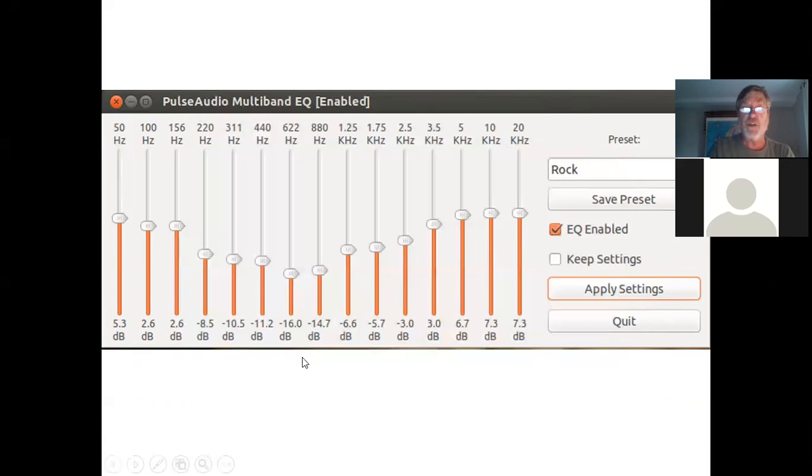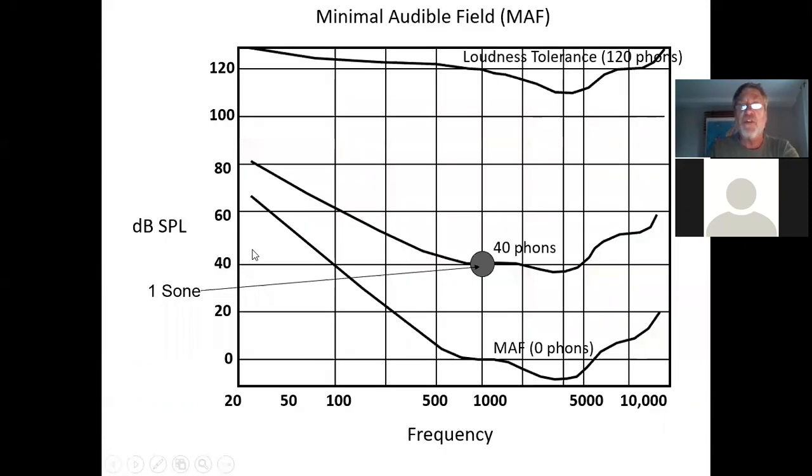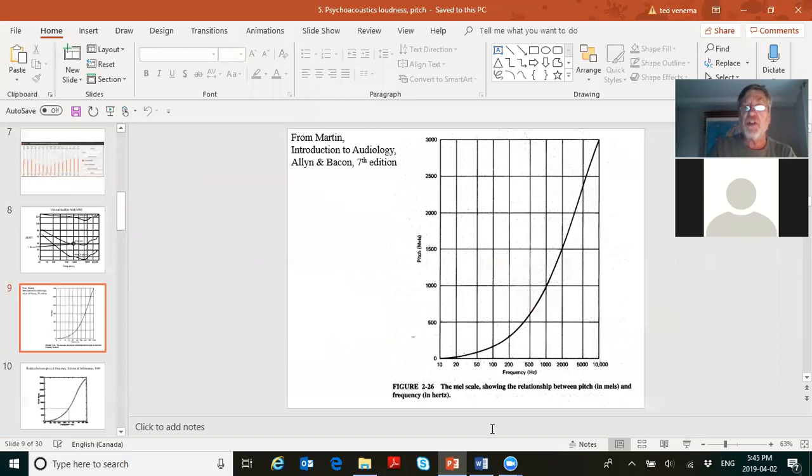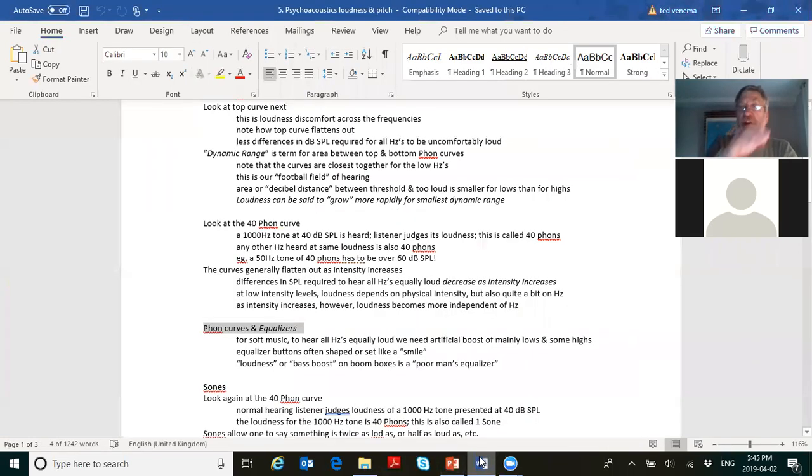In ghetto blasters or boom boxes, a poor man's equalizer is called a bass boost, because it doesn't work with individual frequencies. It simply boosts up the bass when the volume is soft. That's a poor man's equalizer, a bass boost button or a loudness switch.